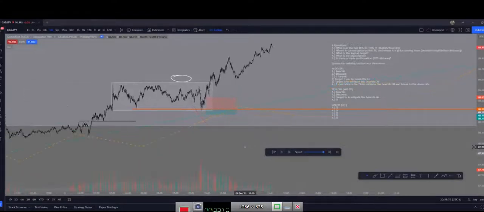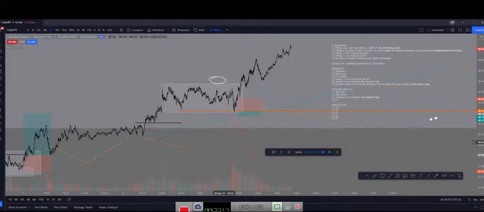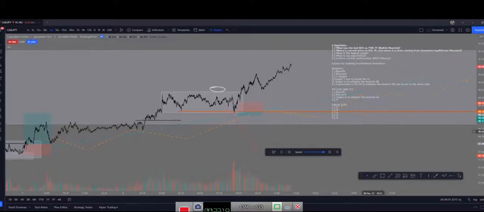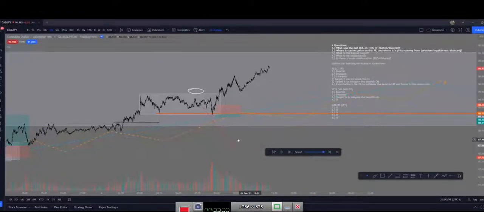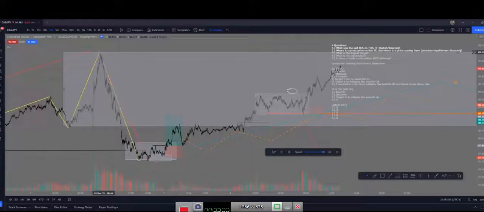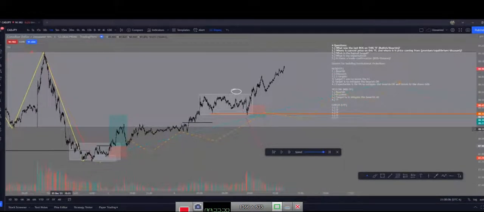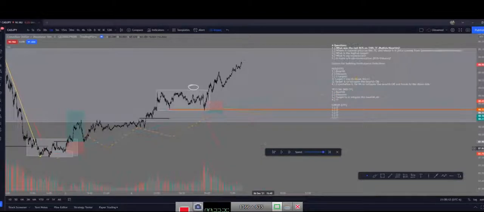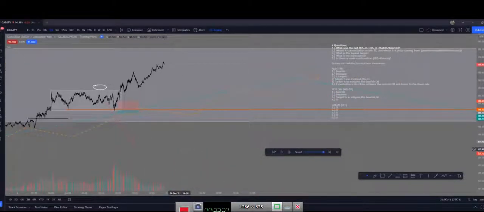Okay, so let's see what we can do here. It's almost like it might break this high, right? You guys can see that, but it's still bearish overall. It's still in this range. The volume profile is decreasing too. When it's making newer highs, it's on slightly higher volume, but the overall profile has decreased.